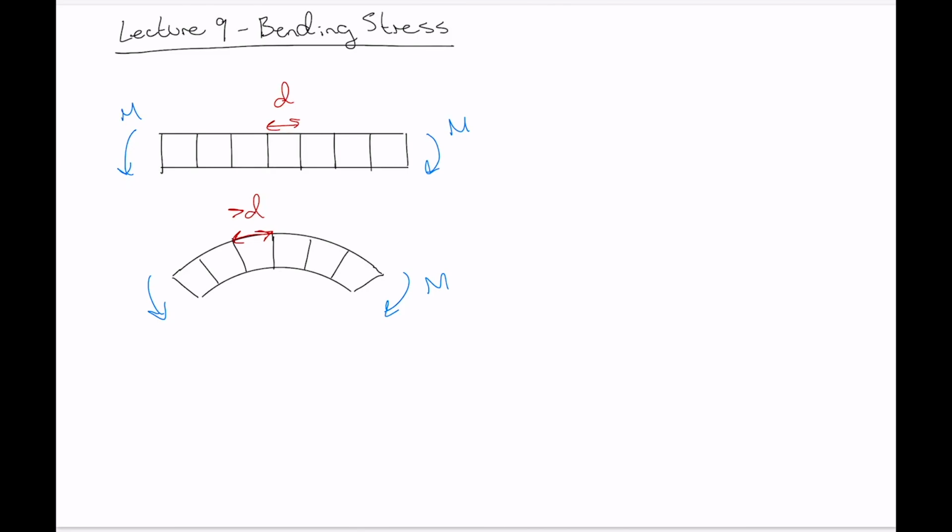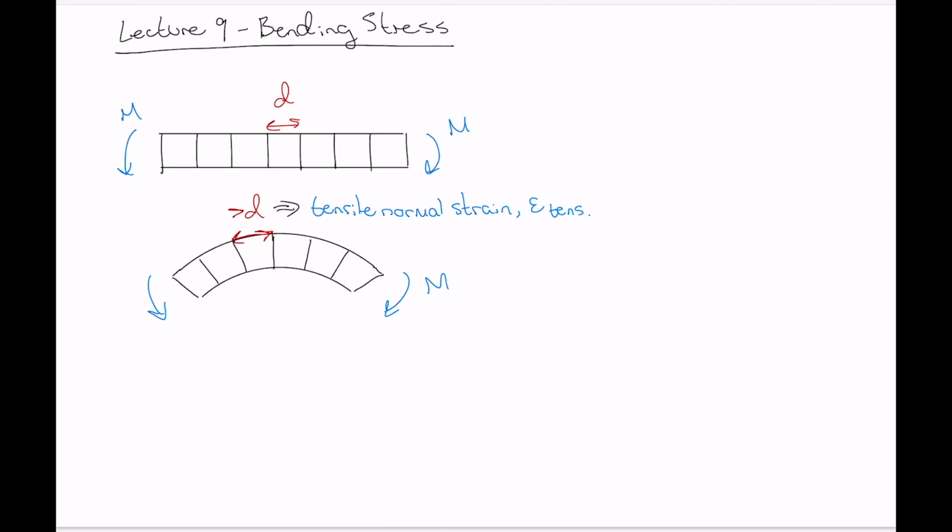In other words, the top of the beam is experiencing a tensile strain, right? So we've got a tensile normal strain, epsilon tensile.